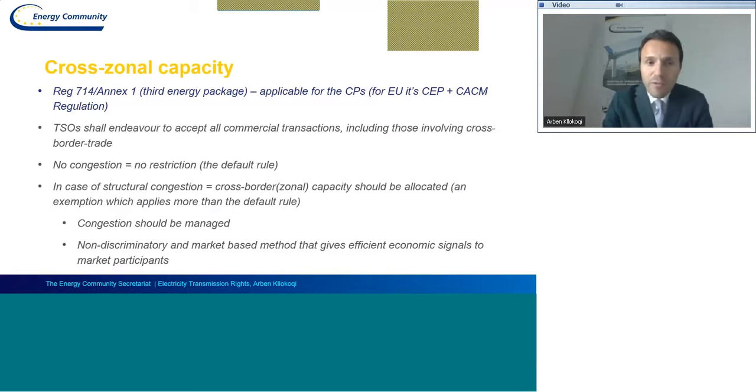The requirement from the third package states that TSOs shall endeavor to accept all commercial transactions, including those involving cross-border trade. So what we are saying is that in the regulation, there is a requirement that the TSO should accept all the transactions that are done on the cross-border level.